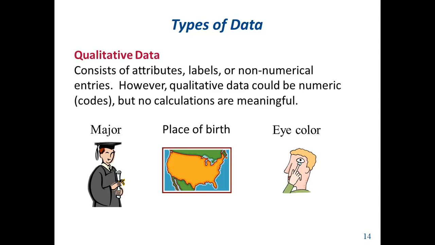For example, for major, you may have a nursing, math, business major, or you may have a code, 1 for nursing, 2 for math, 3 for business, and so on. Eye color, blue, brown, and so on. Blue could be 1, brown could be 2, and so on.